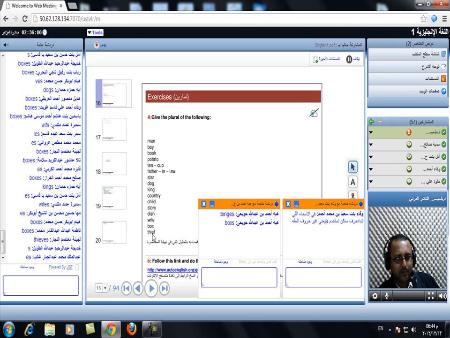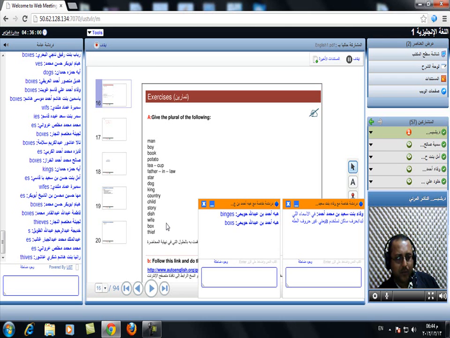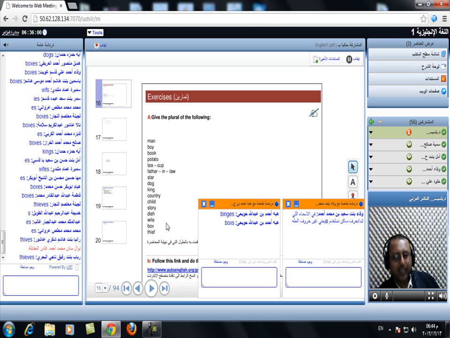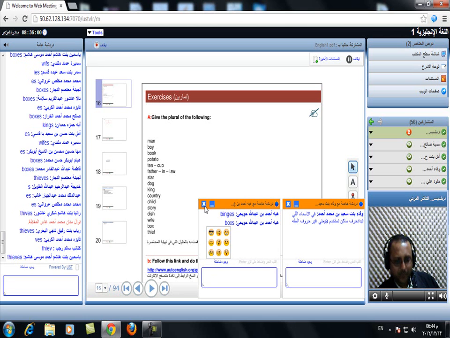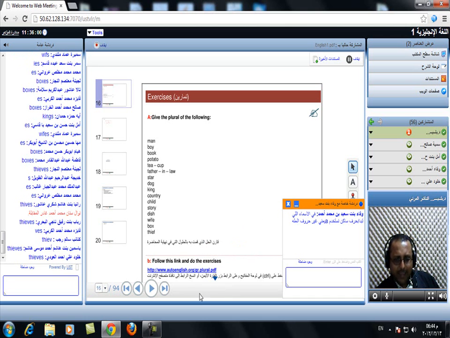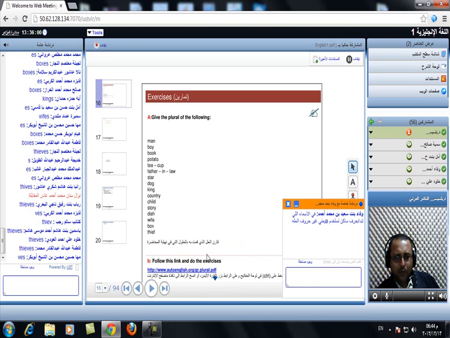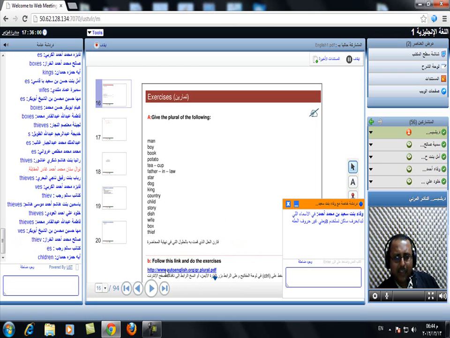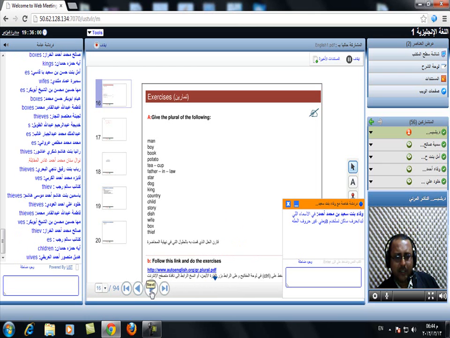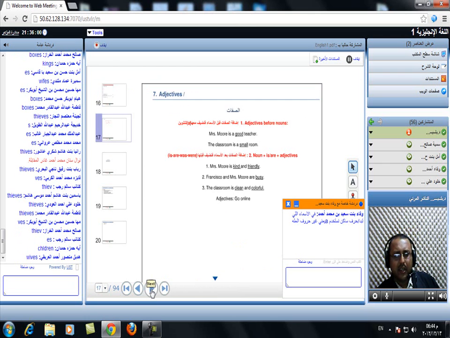Come on, thief, can't you see it? Thieves. Yeah, we have to change F into V. If you want more exercise, you can follow this link to get more exercise. Let's move to the next.